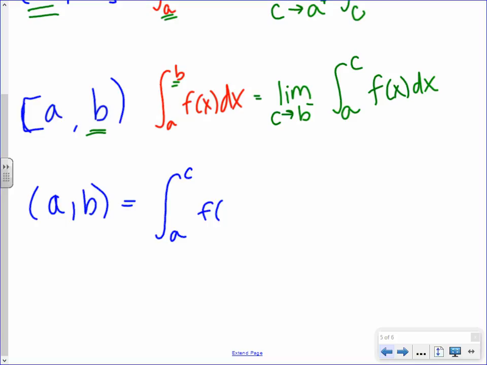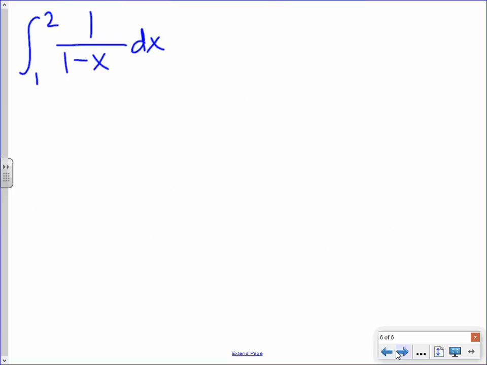You'd have to break it up like we did with negative infinity to infinity. And then since these endpoints are not included in the domain, you'll need to make those limits. Does that help?